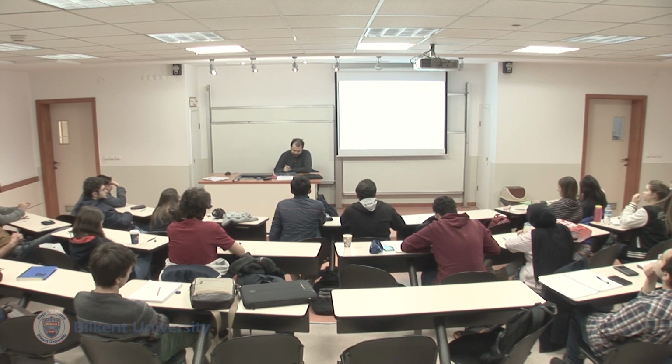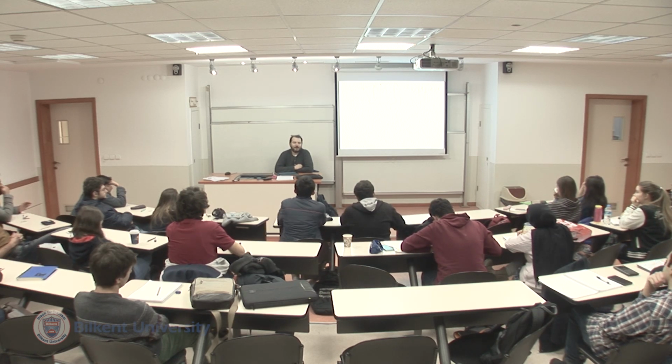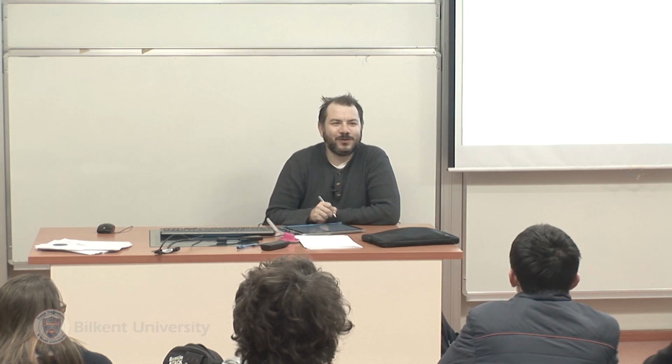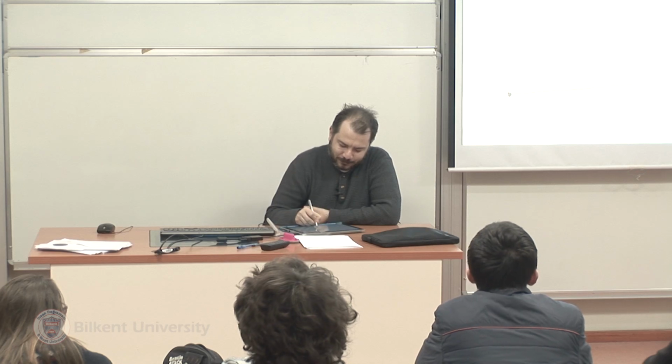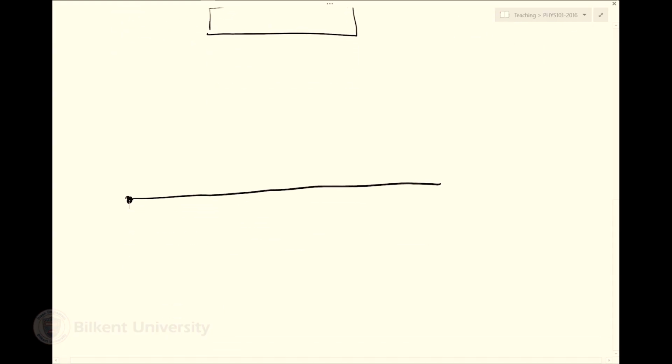That's a very good question. That's actually right. I was trying to be quick and fool all of you, but you were not fooled. So here is the thing. If I have a rod, and let me just do it for one spring.